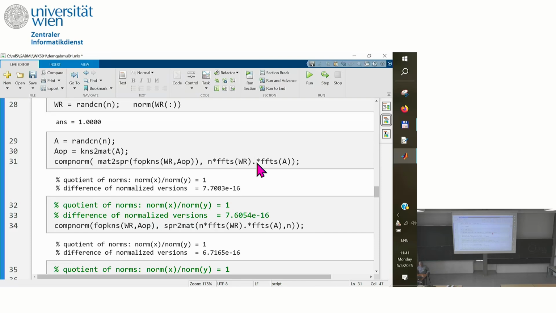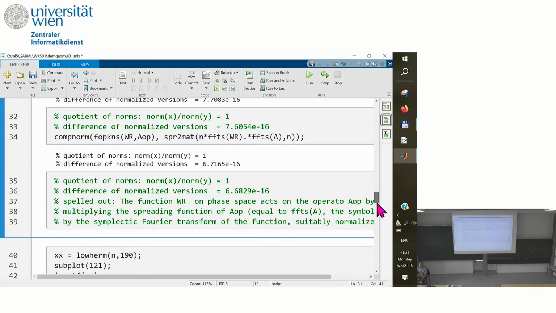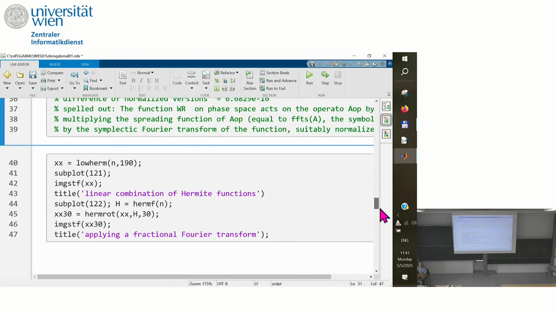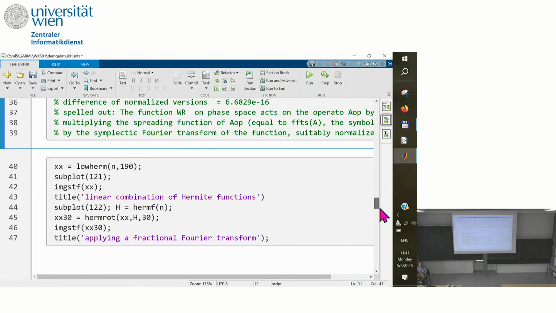Okay, so now what I'm doing next is a demonstration. I have my Hermite system. I'm using it for just now. And I take a low Hermite function, a trigonometric polynomial of the first 190 Hermite functions, just to have something well concentrated in time and frequency.